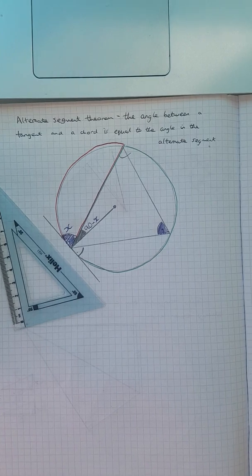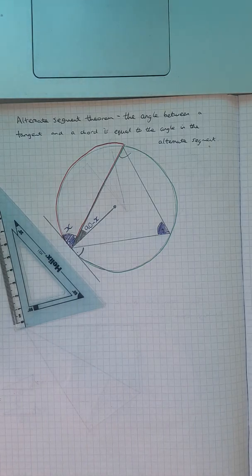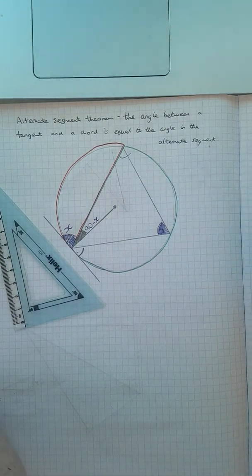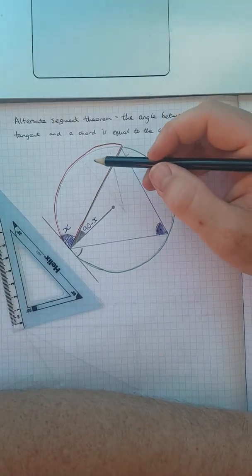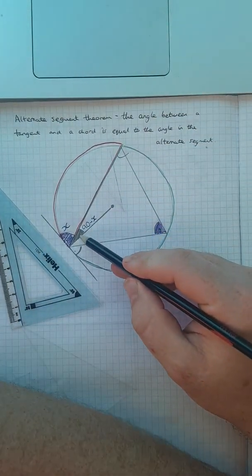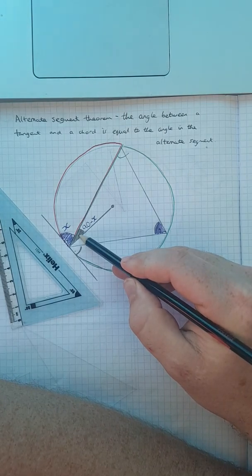If you want to have a pause now and try it for yourself, you can do. I'll give you a few seconds to think about where we're going next, or just to try it and then watch afterwards to check. Okay, so you've either had a go at this or you're still not sure, and that's fine. This angle here is 90 minus x.